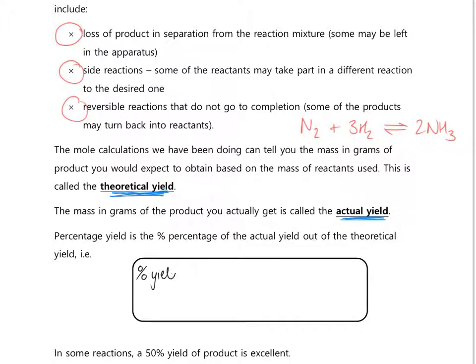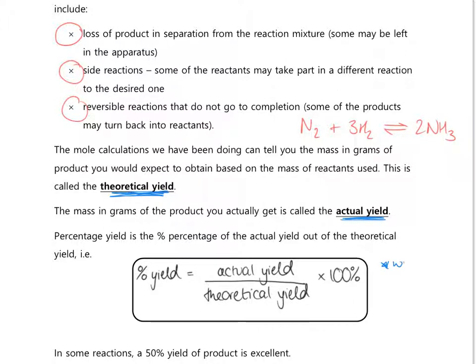Percentage yield is equal to actual yield, that's how much you actually get out, over theoretical yield, times by 100%. And if we have a think about this equation, the values that we will get out will always be less than 100%.